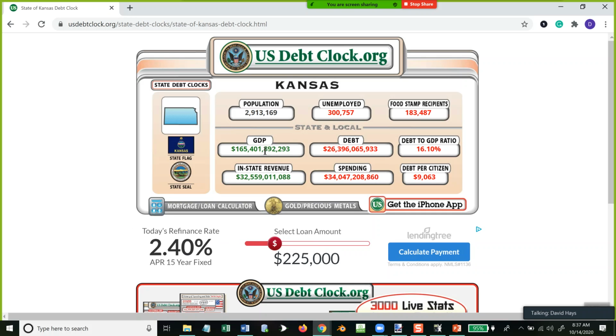But again, GDP, I think, is a better measure of how you're doing. But that seems like a lot in debt. Debt per citizen: if each of us paid $9,063, we'd have our debt in Kansas paid off. Okay, let me look at population clocks.